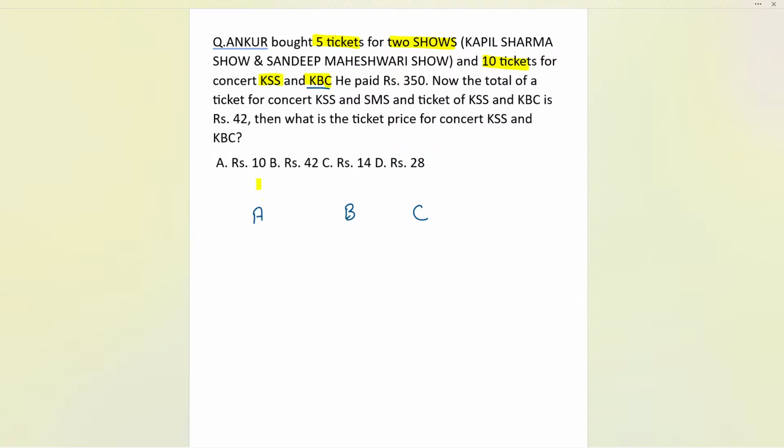So first he has taken the Kapil Sharma show and Sandeep Maheshwari show. Secondly, he has taken the Kapil Sharma show and the KBC, which is the third. The combination is given over here, with the money of the tickets. The total for the Kapil Sharma show and Sandeep Maheshwari show, and the Kapil Sharma show and Kaun Banega Crorepati, is 42 rupees over here.